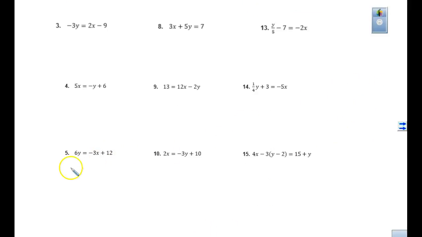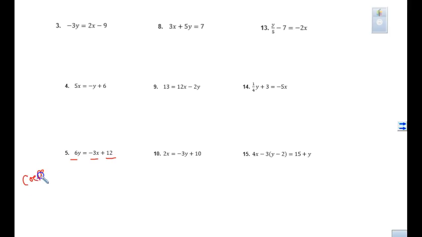So as we look at number 5, it's almost done. I have 6 times y equals negative 3x plus 12. Courtney, if I want to get 1y, which is my goal, what do I have to do when it's 6 times y? What's the coefficient of y?